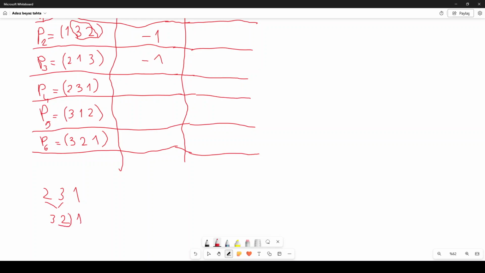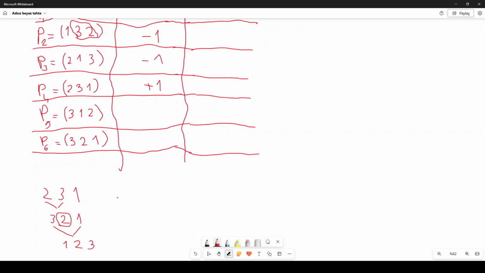Now 2 is in its place, right? What is different is 3 and 1, and I can perform one more interchange. I switch the places of 1 and 3, and then I have 1, 2, 3. So I reached my desired goal. How many operations have I performed in the meanwhile? Two operations, and 2 is an even number, so the sign of P4 is +1. So that's as simple as that.